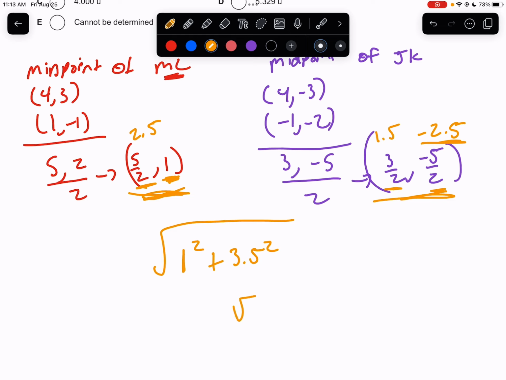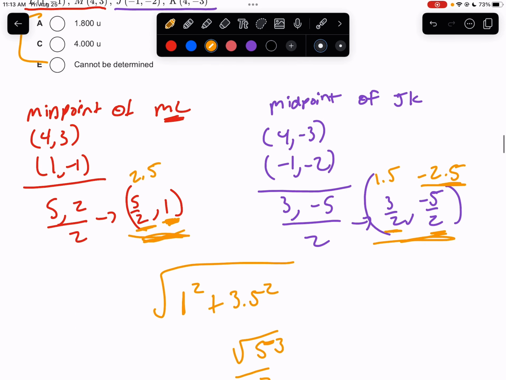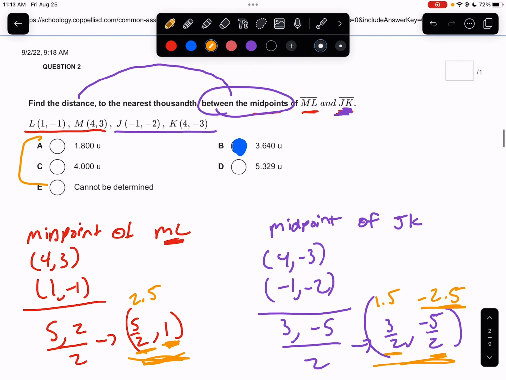And that is the square root of 53/2. But look at the answer choices. They're all rounded. So we should probably round it. And that rounds to 3.640. And that's our answer here, 3.640.